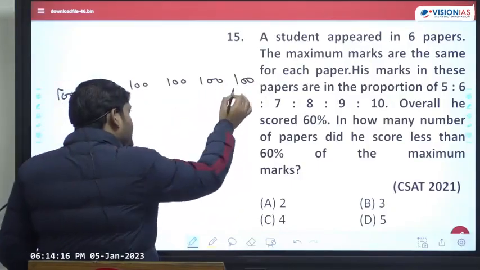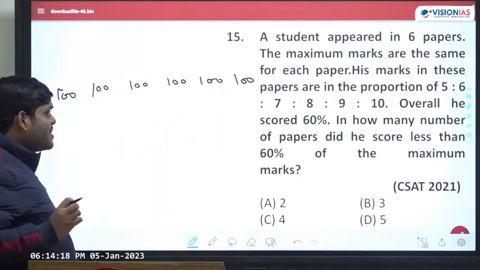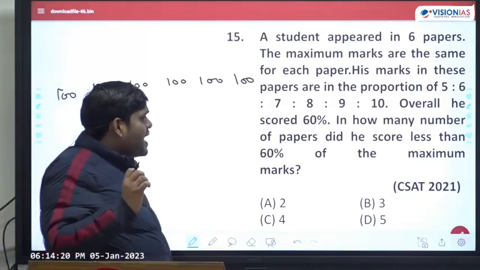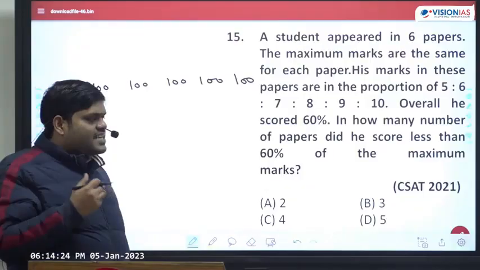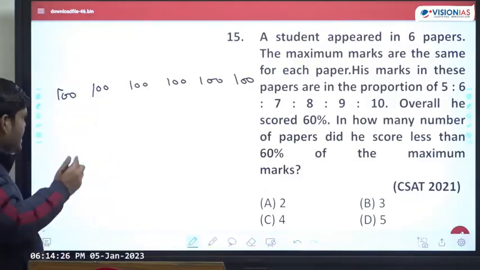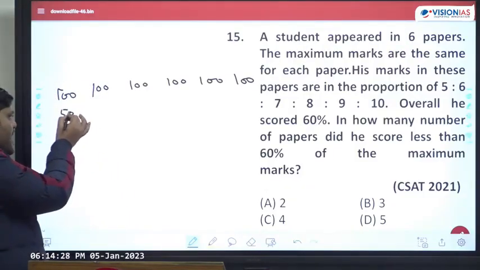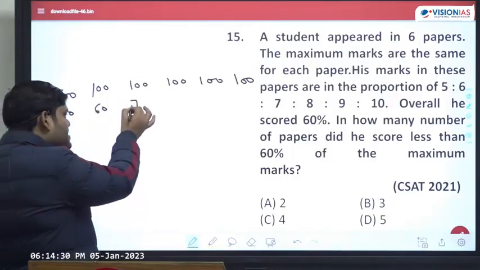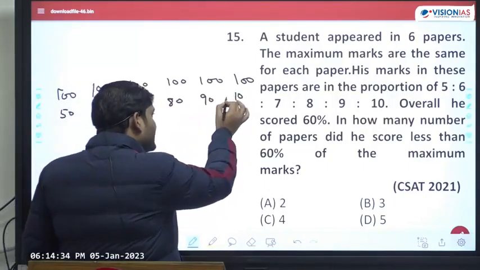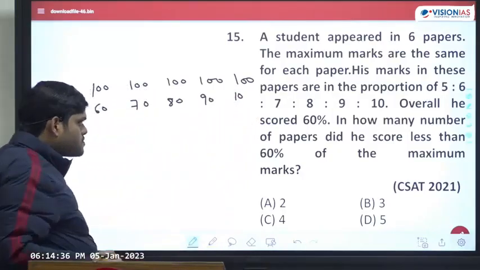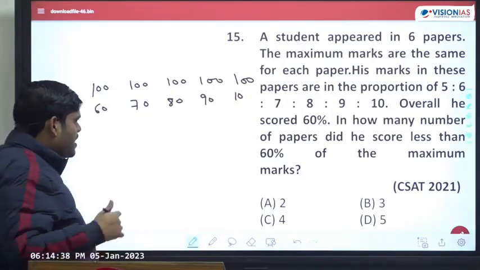His marks in these papers are in the proportion of 5, 6, 7, 8, 9. That means we can say he is scoring 50 marks in this, 60 in this, 70 in this, 80 in this, 90 in this, and 100 in this.